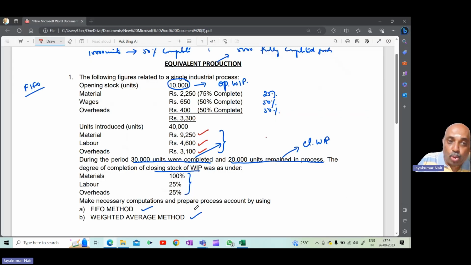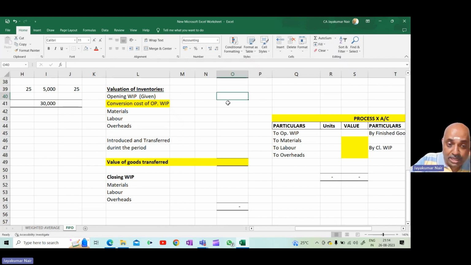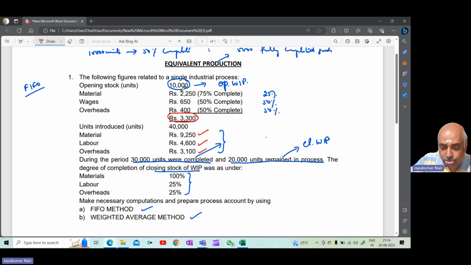First of all, opening stock, we know its value. Opening work in progress, you have 10,000 units and its value is 3,300. This is the amount that you have incurred in the previous accounting period, already incurred on these 10,000 units.